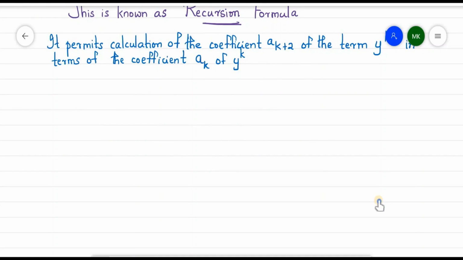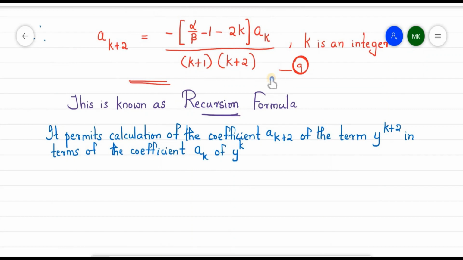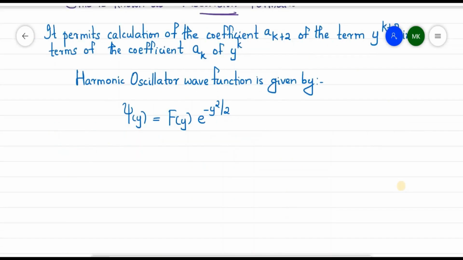Recursion formula is a standard result of series solution method of solving differential equations. It gives one coefficient in the series expansion of f in terms of a previous coefficient. The above equation is called a two-term recursion formula. Harmonic oscillator wave function is given by xi of y equals f of y e raised to minus y square by 2.